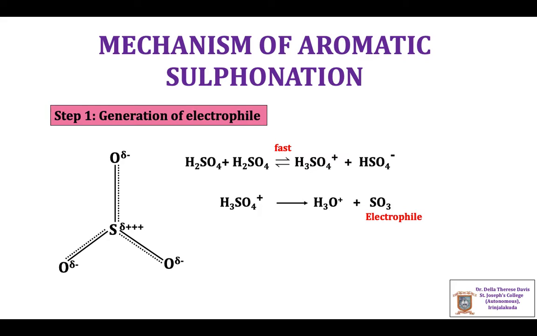The central sulfur atom becomes the electrophilic center because it is attached to 3 electronegative oxygen atoms. The structure of SO3 is shown here.